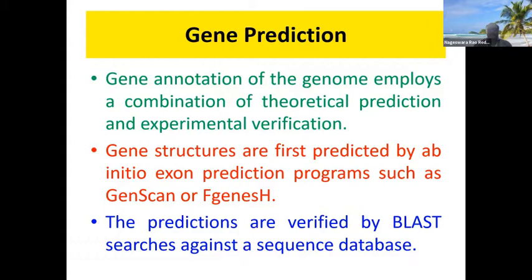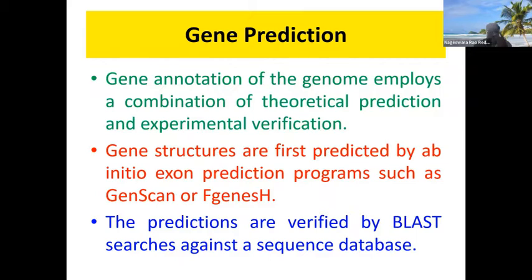Experimental verification can be done using BLAST. I think you've heard about BLAST. In BLAST, we take a sequence and search against a sequence database to see whether there is any similar sequence or not. If a similar sequence is there, that means it is near to our gene, and so that gene already exists in nature.